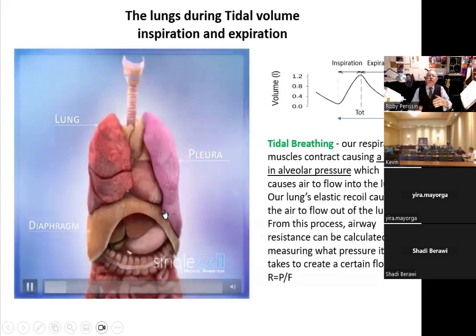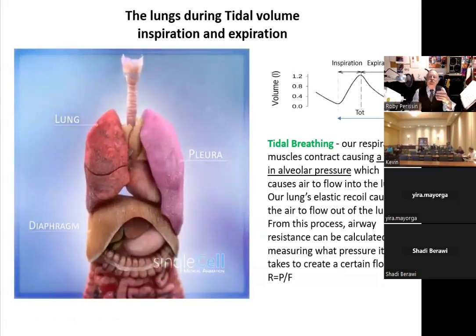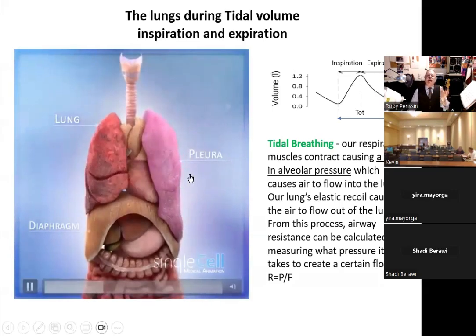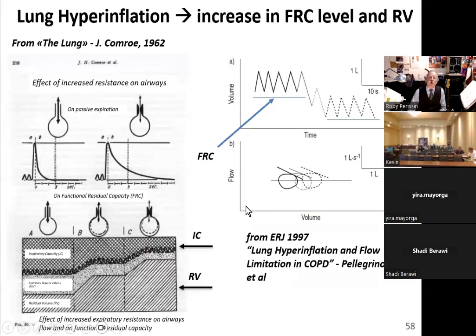Again, remember the exquisite concept of physiology that you inhale and exhale, negative pressure and positive pressure? Well, this is my favorite graph, which explains something very important in COPD. Unfortunately, it gives away the fact that I'm not 38 as I pretend to be, because it was published in my birth year.